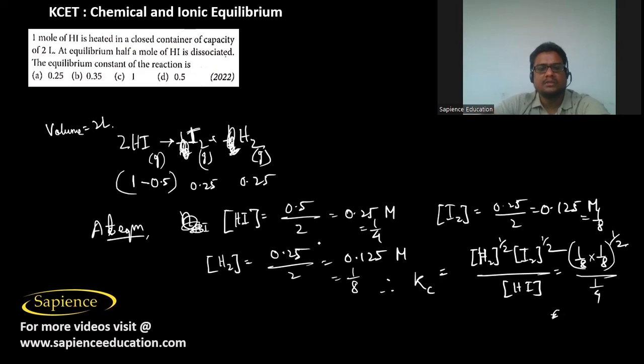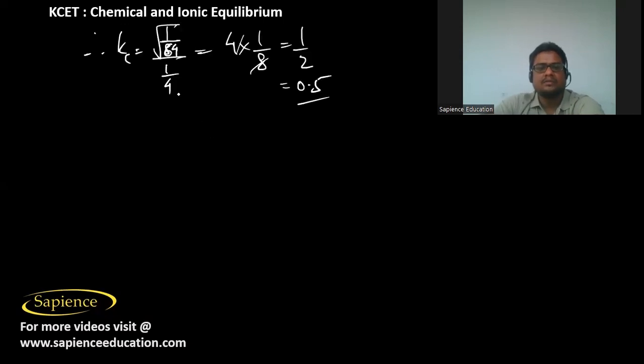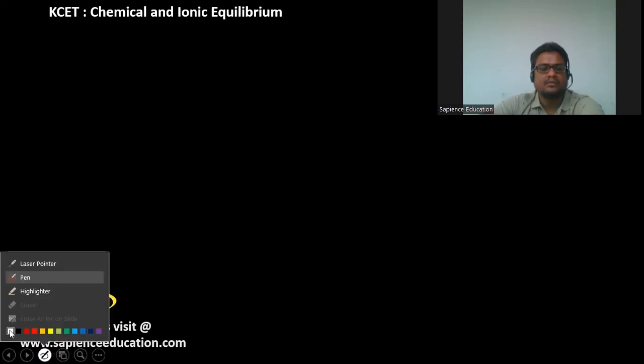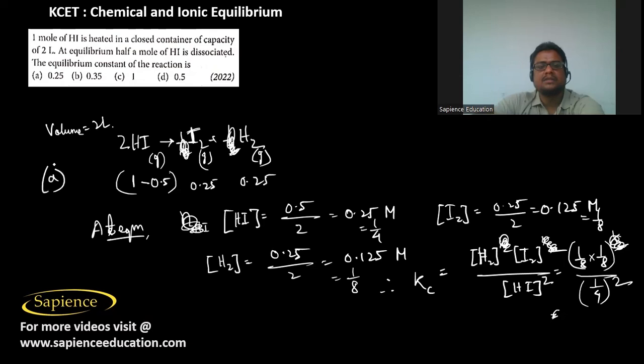So the equilibrium constant will be the H2 concentration into the I2 concentration divided by HI whole square. So this will be 1 by 8 into 1 by 8 divided by 1 by 4 whole square. So Kc will be equal to 1 by 64 into 16. 16 4s are 64. So it is 1 by 4, which is equal to 0.25. So option A is the correct answer.